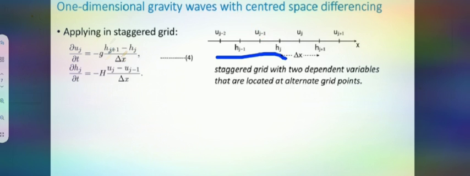Therefore, if we apply this central difference scheme, it is very interesting. Look at the first equation, del uj by del t. What is the uj? This is my uj position, at both sides, and with respect to j, uj is the center.